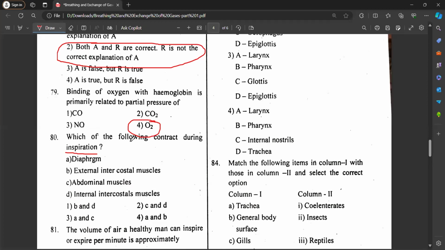So which of the following contract during inspiration? Diaphragm, yes, of course, diaphragm contracts. External intercostal muscles, yes, of course, external intercostal muscles contract. Abdominal muscles, no, no chance of it. Internal intercostal muscles, no. Therefore, A and B are the correct options.